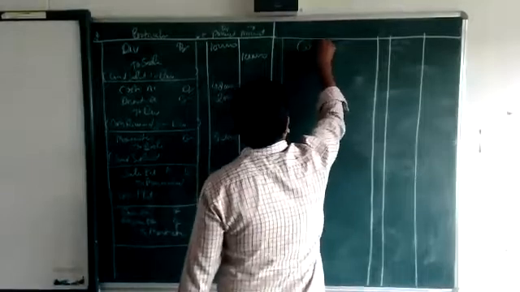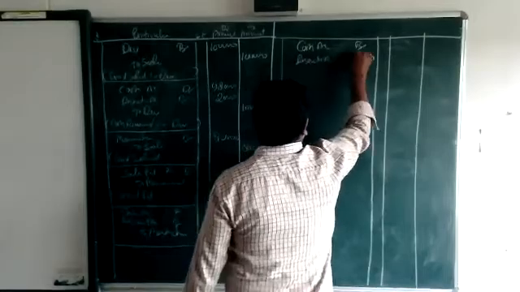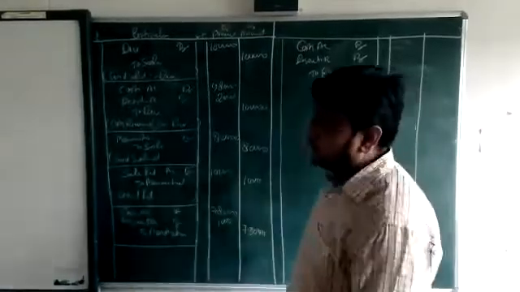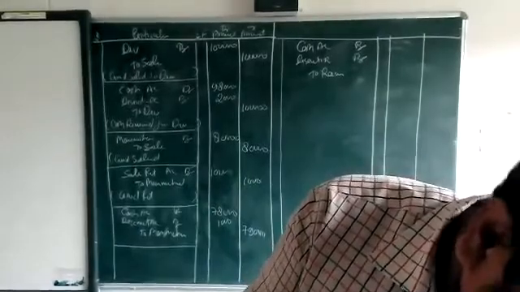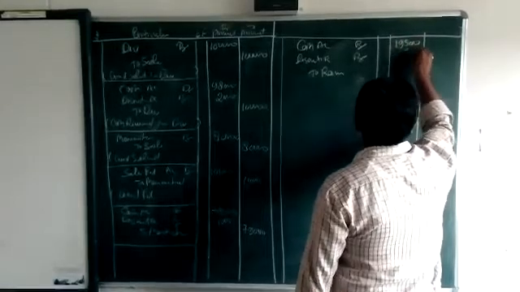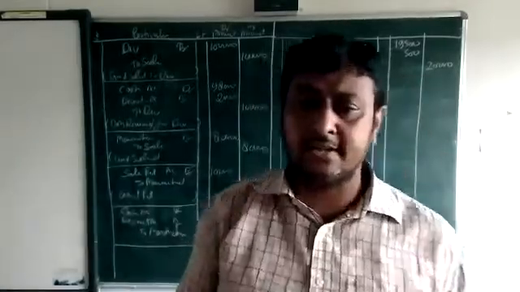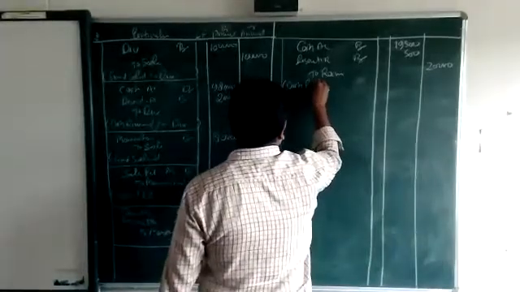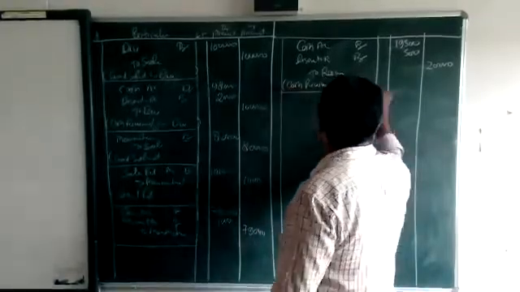Cash received, cash account debit. Discount you have given, discount account debit to Ram. What amount are you receiving, beta? 19,500 in cash, 500 discount is given, total is 20,000. Cash received. Okay.